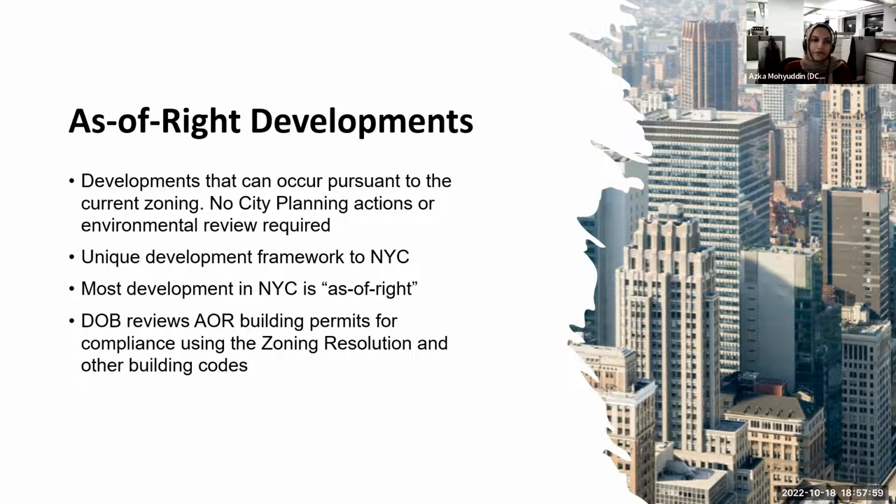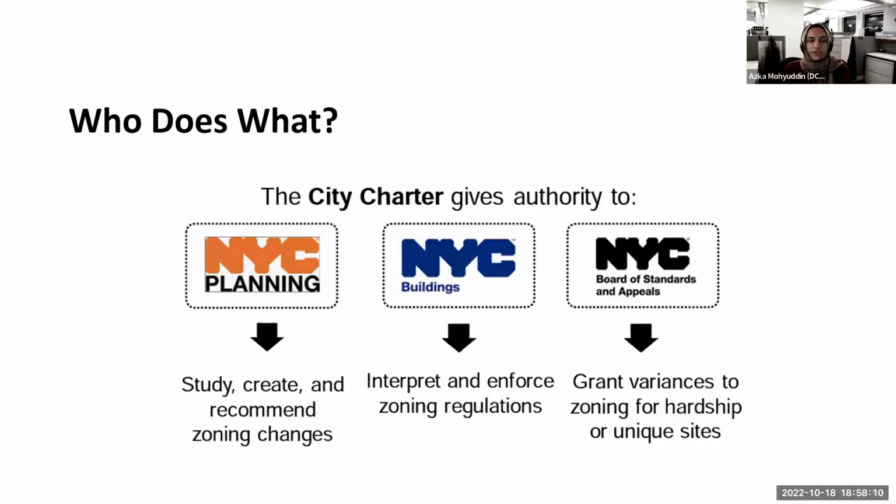So what happens if there are changes to a lot that are not as of right? Who has authority to do what is an important thing to understand. The city charter gives authority to City Planning to study, create, and recommend zoning changes. DOB has the authority to interpret and enforce zoning regulations.